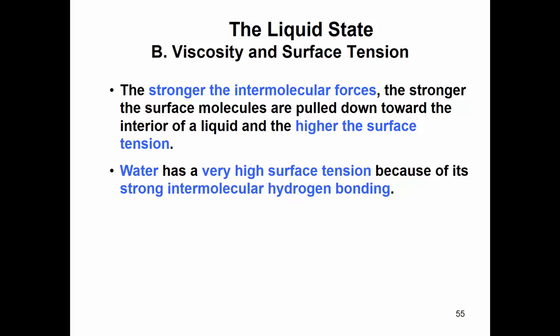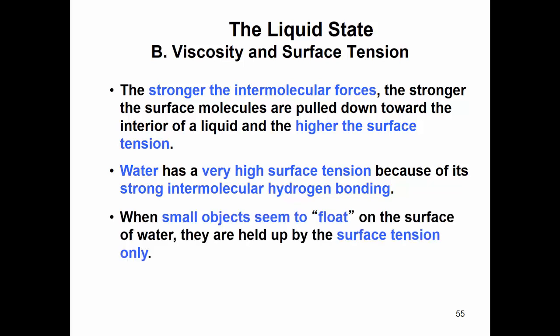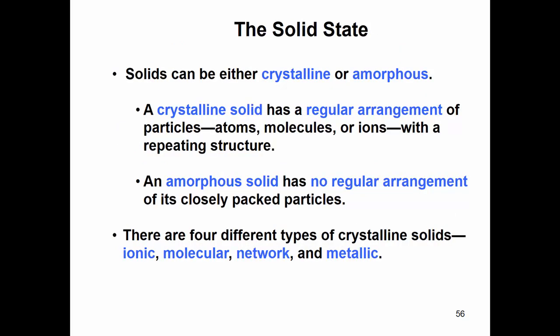Water has very high surface tension because it has strong intermolecular hydrogen bonding. So the stronger the intermolecular force, the higher the surface tension. And so this explains why when small objects seem to float on the surface of water, they are just being held up by the surface tension.